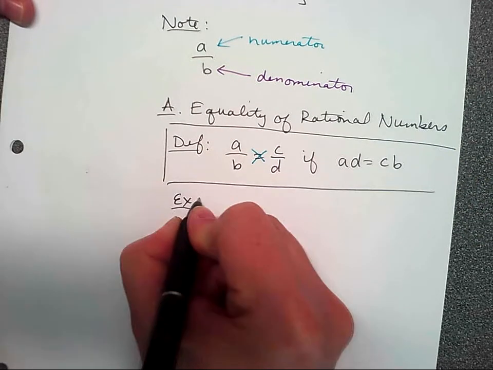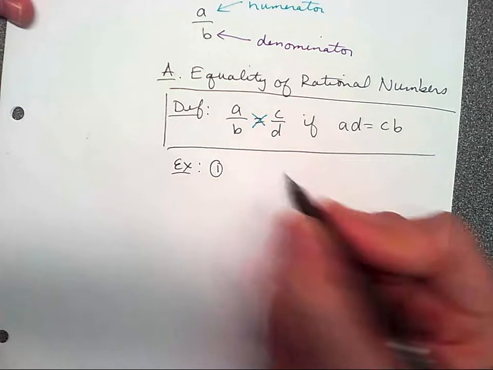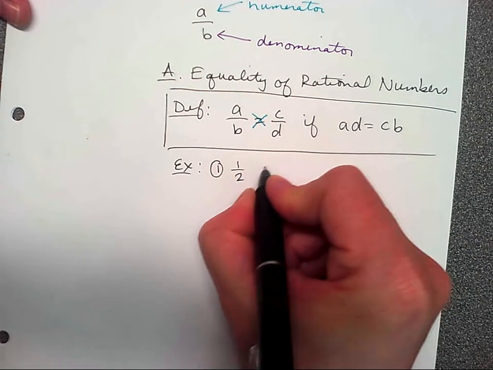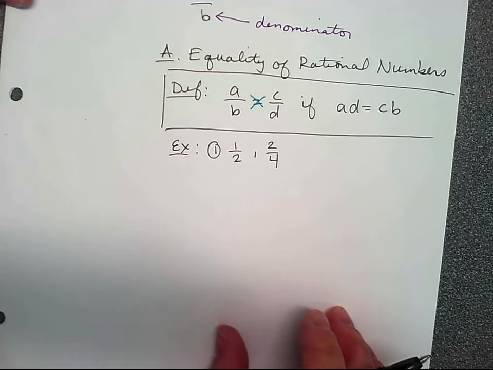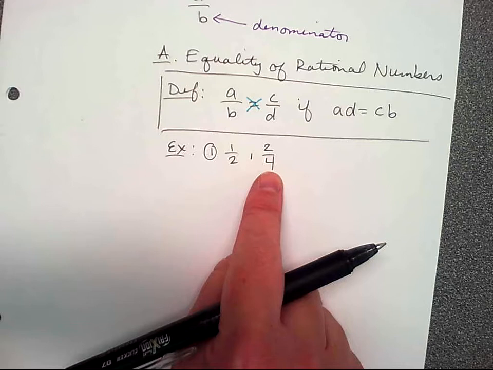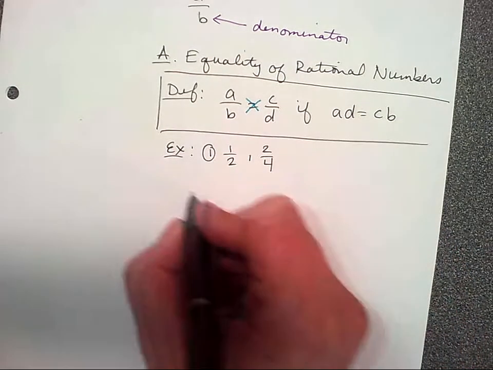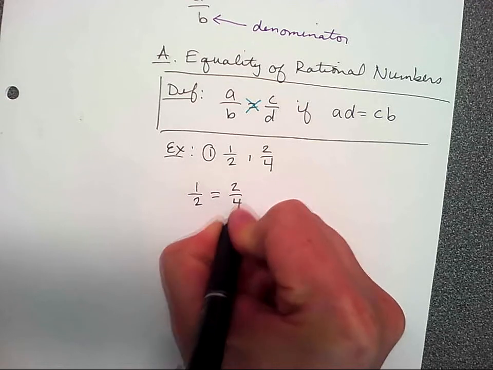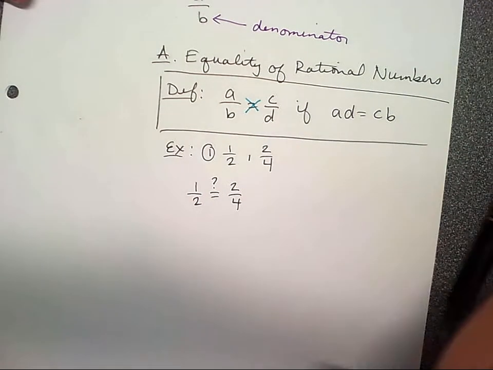Well, let's do an example. Are these equal? 1/2 and 2/4. Yeah, you can just see that, right? 2/4, if you simplify that, is 1/2. But if we go from the definition, 1/2 equals 2/4. This equals is kind of a question mark, right? That's what we're testing.